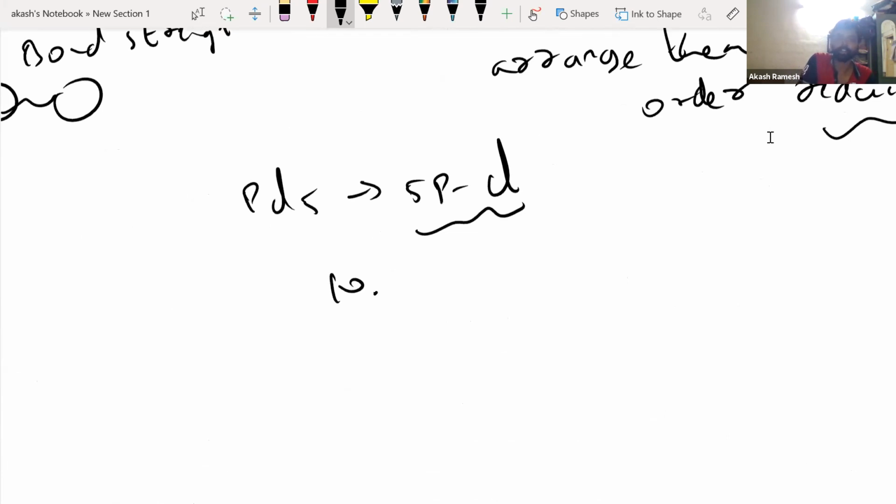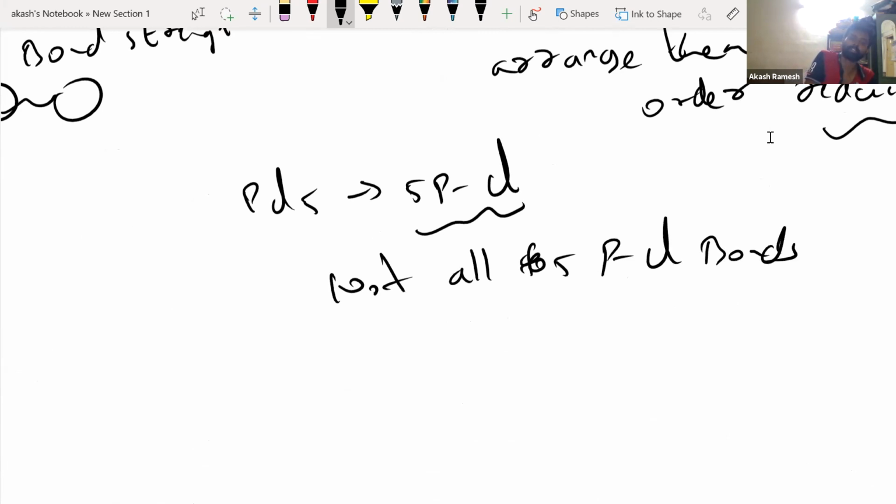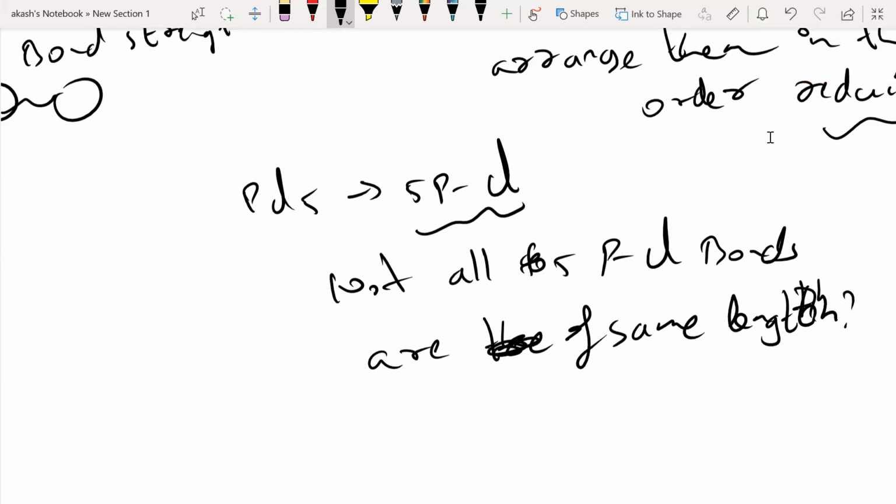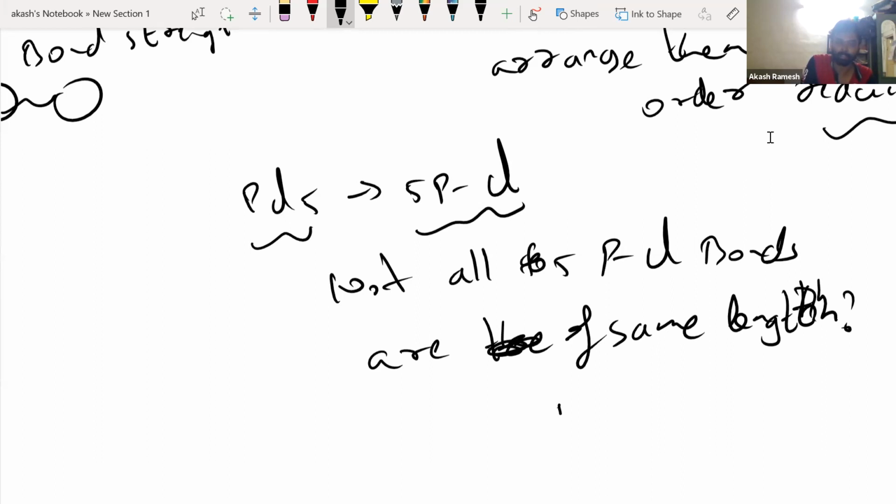Not all 5 P-Cl bonds are of the same length. Sir, can you repeat this question? I'm telling you, not all 5 P-Cl bonds in this PCl5 are of the same length. Why? Justify this.